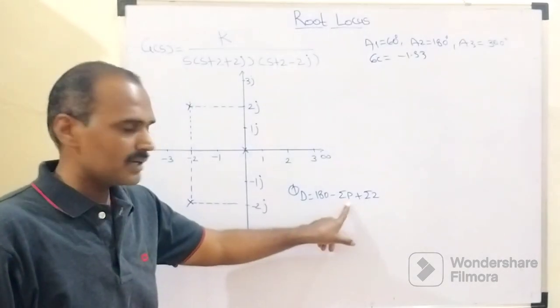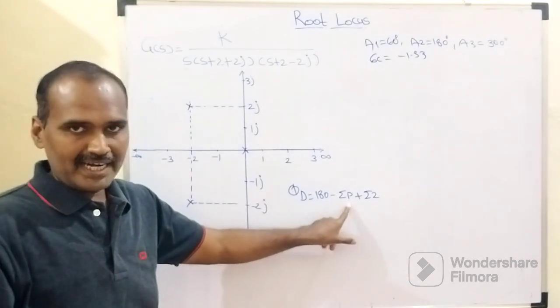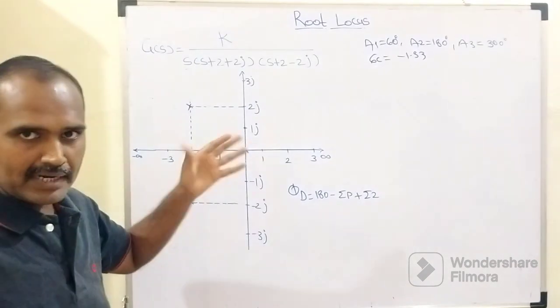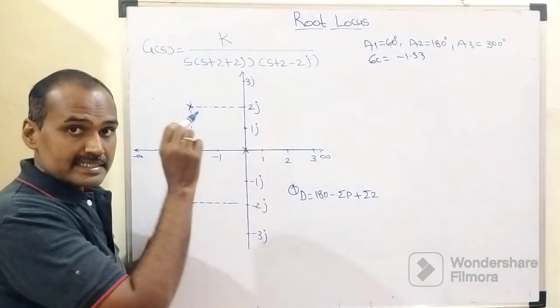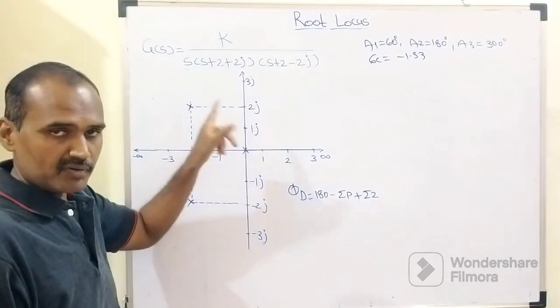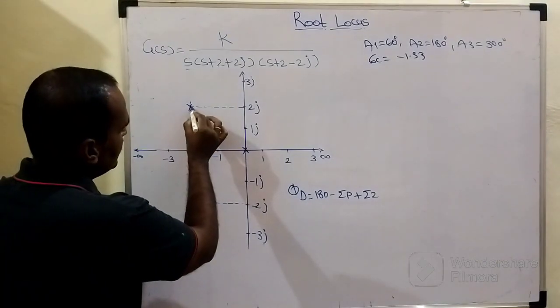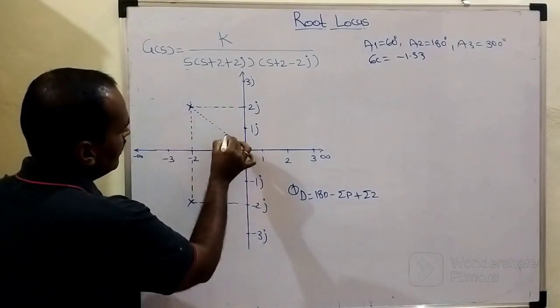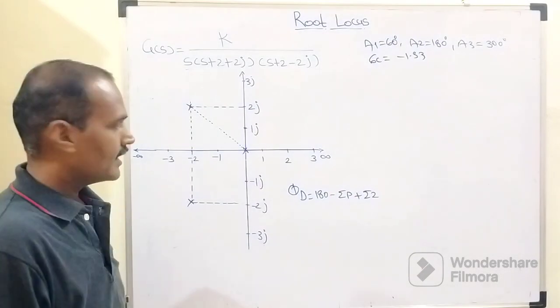First of all, we need to determine the angle made by this pole with respect to 0. So we have 3 poles. Out of those 3 poles, the first pole is located at 0, and the second pole is located at minus 2 plus 2j, right? So first of all we need to interconnect this pole with respect to 0 which is located at the origin, right?